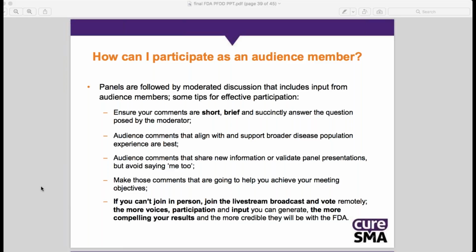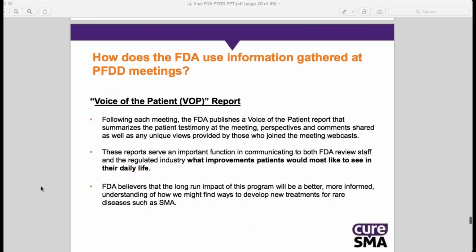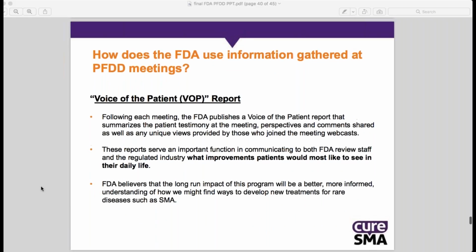So those are a couple of the takeaways that we had, both in terms of the panel presentations and the moderated discussion. I think the last thing I would say is that the voice of the patient report that comes out of the meeting that you'll hold is a really important document. And it's an opportunity to summarize what you have shared with the FDA live in that meeting and ensure that that key information is put in the hands of the review division that will be reviewing your potential therapies.